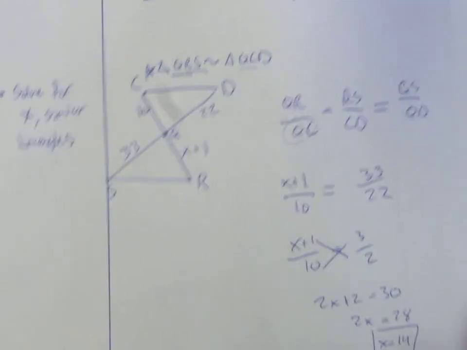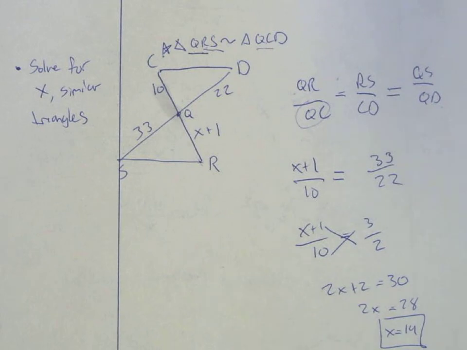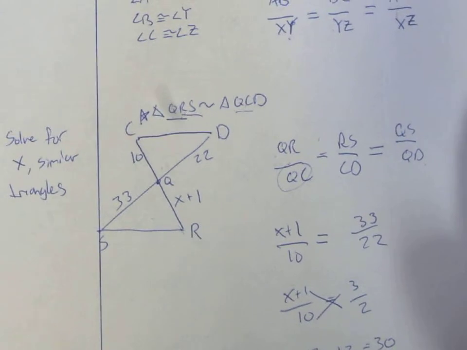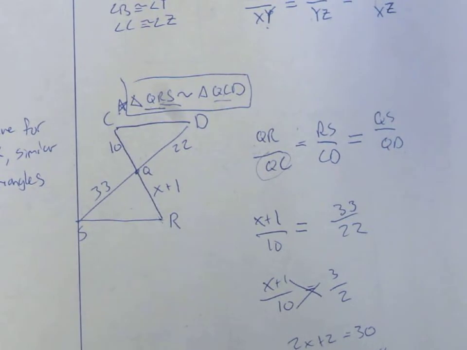Okay, so on your homework assignment for tonight, you're going to have, I think it's 6 problems like that, where you are looking for a missing value. In this case, we're looking for x, right? But the way you do that is you use the similarity statement to set up and then solve proportions.